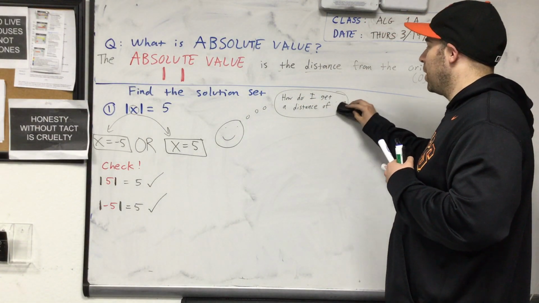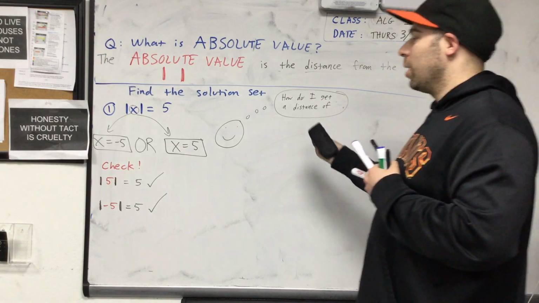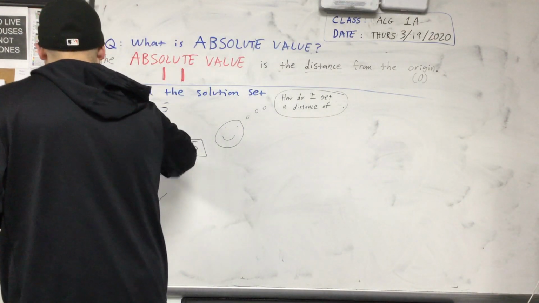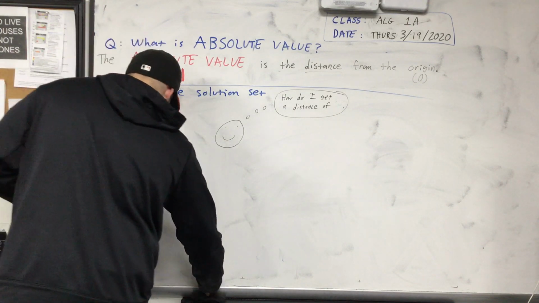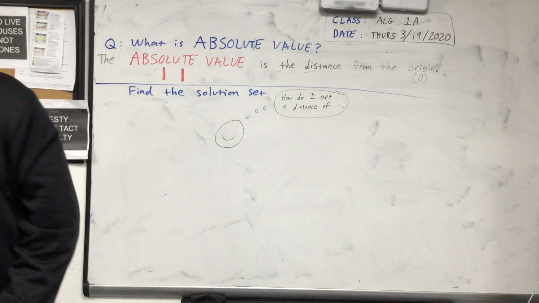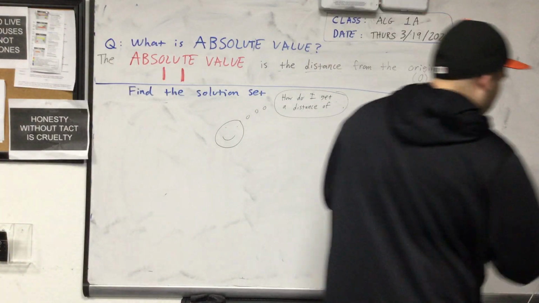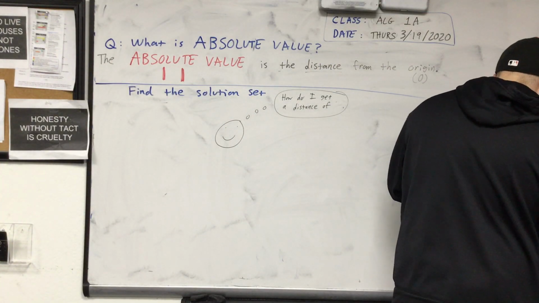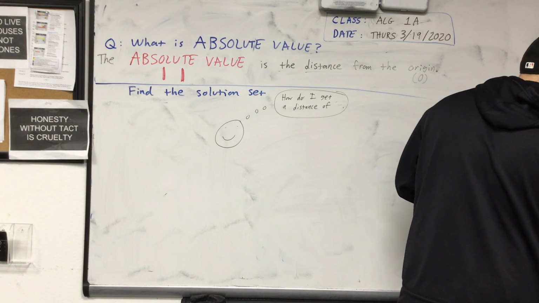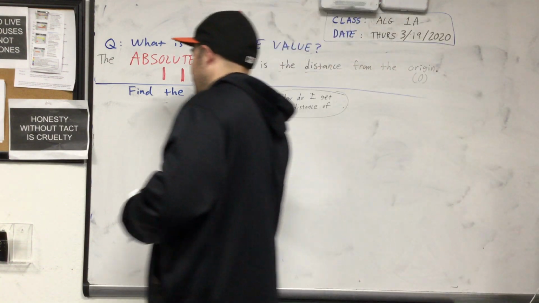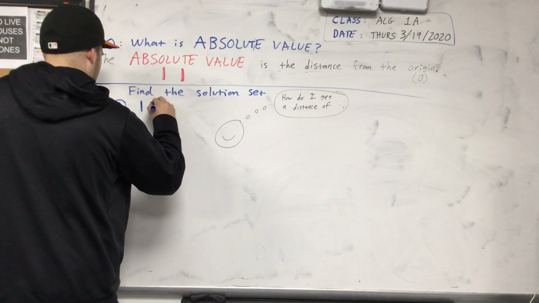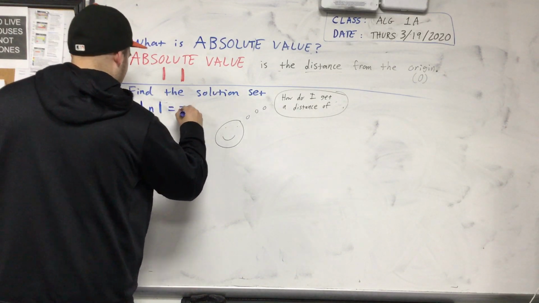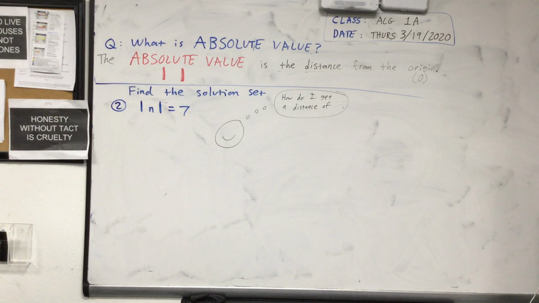I'm going to do another problem where I'm going to ask with the cartoon character. All right. The absolute value of n is 7.